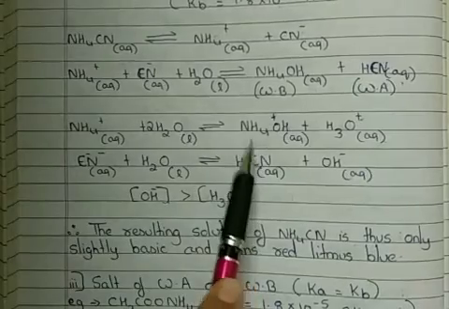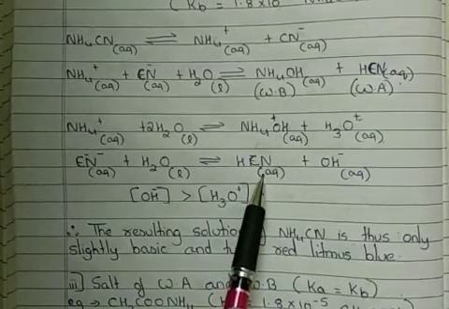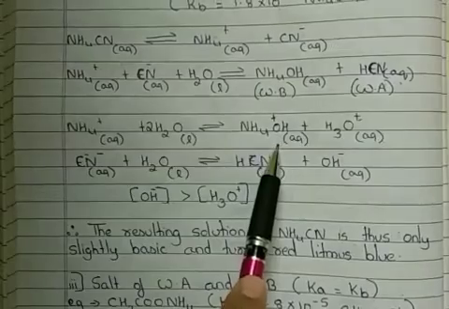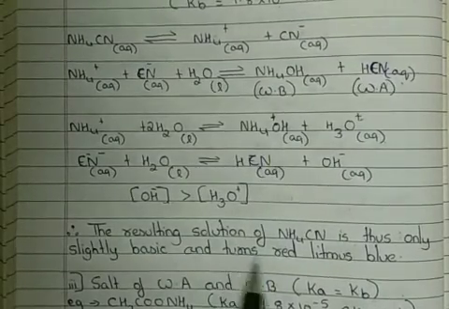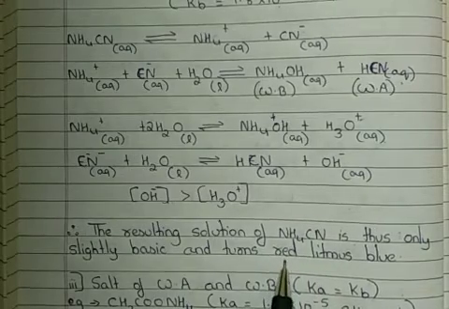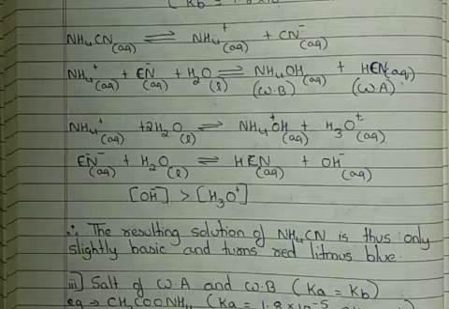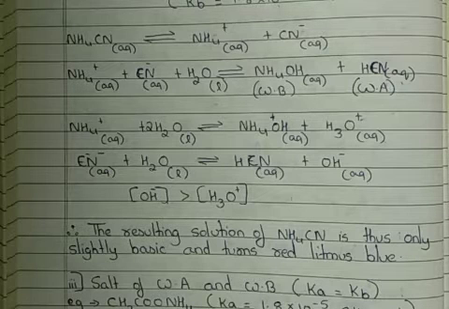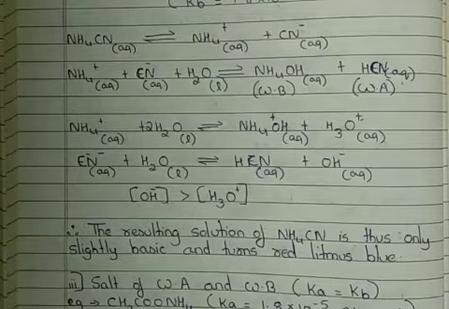Because NH4OH formed, its Kb value being greater than Ka value, will dissociate to a greater extent, and this can be confirmed by the change of litmus, where red litmus changes to blue. So this is the second category where we have hydrolysis of a salt of weak acid, weak base whose Ka value is smaller than that of Kb.